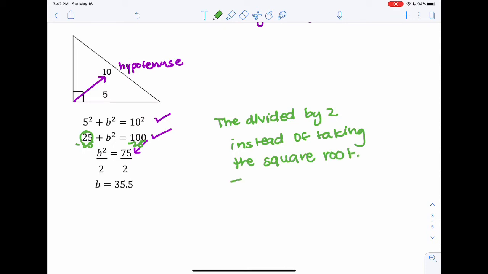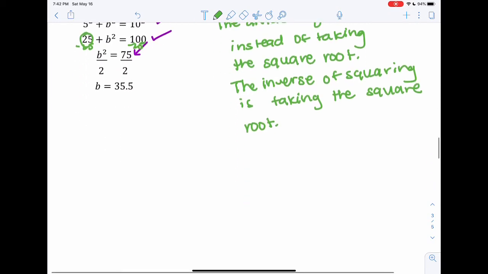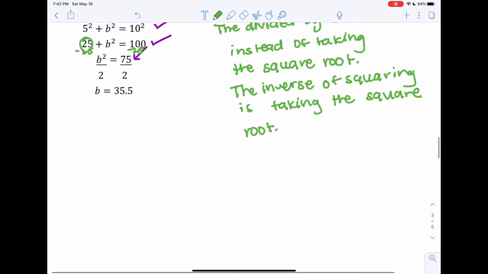So we can always say the inverse of squaring is taking the square root.